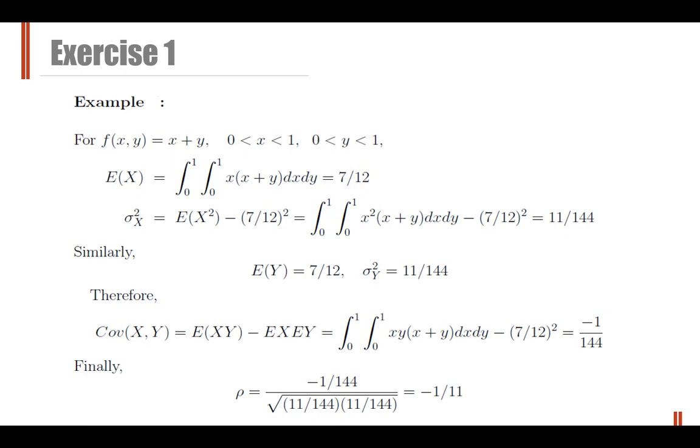Therefore, the covariance of X, Y equals the expectation of XY minus the expectation of X times the expectation of Y, which equals negative 1 over 144. And finally, we can calculate the correlation coefficient of X, Y, which equals negative 1 over 11.